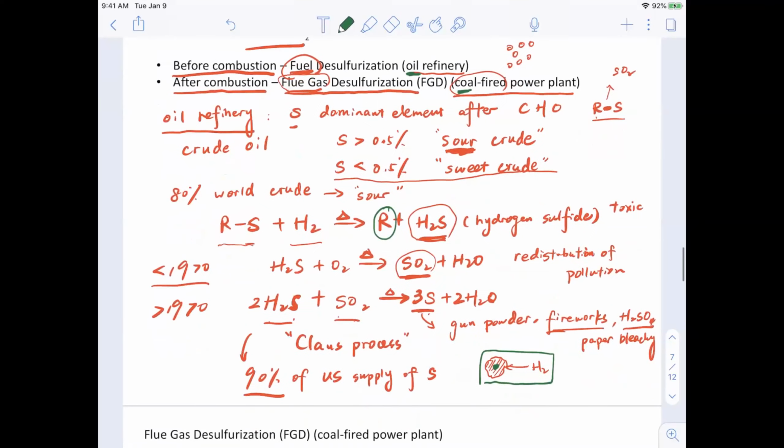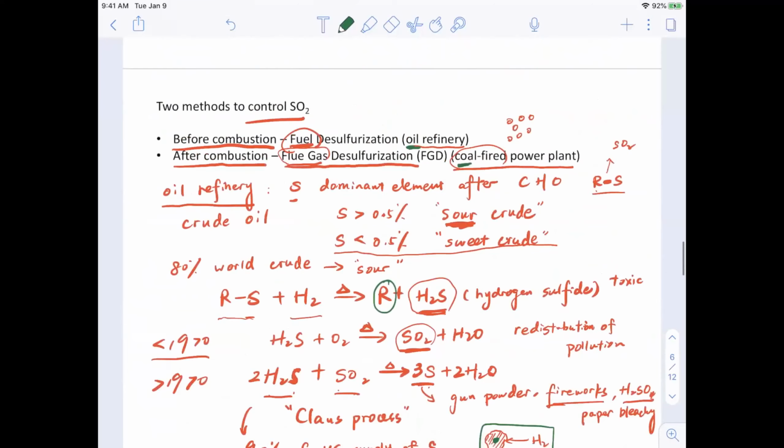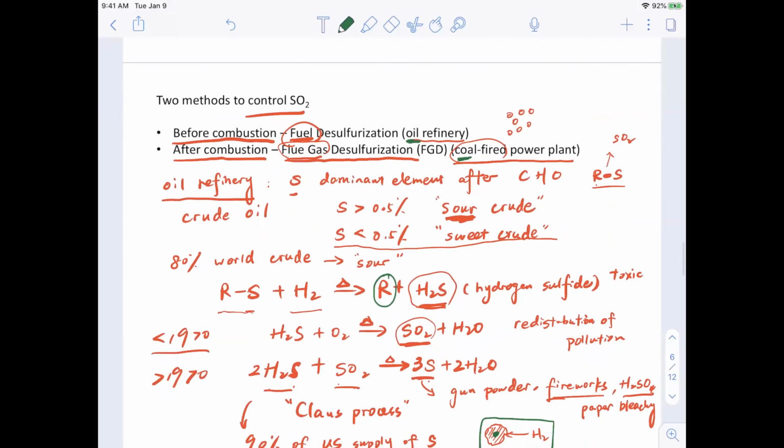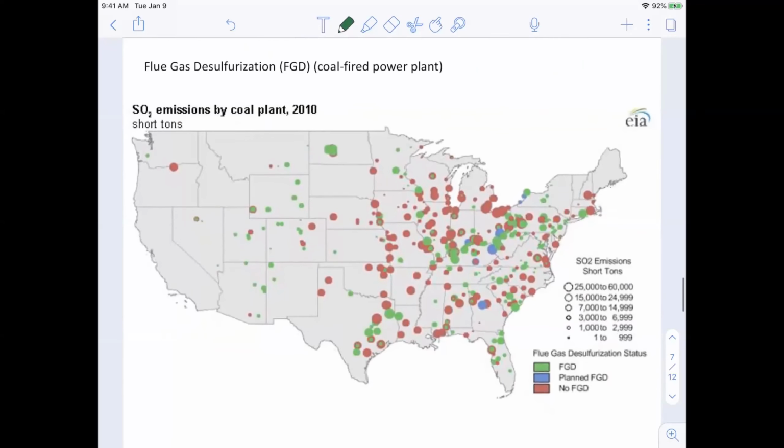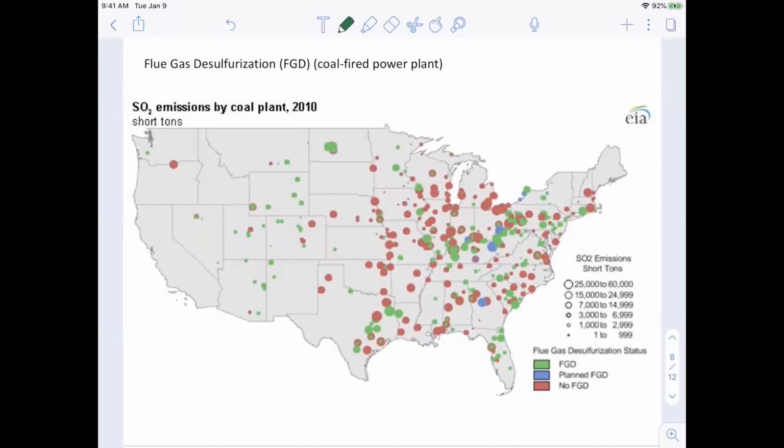All right. So for this flue gas desulfurization, people also call it the FGD for short. Here is a map of the coal-fired power plants in the United States until 2010. Okay, so this is also labeling how many of them are using the FGD system to control the sulfur dioxide, how many are planning for the FGD, and how many have no FGD.